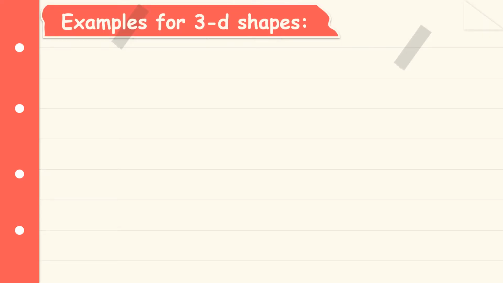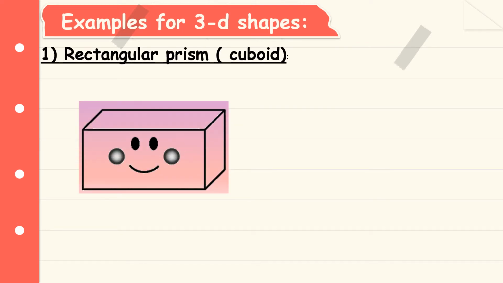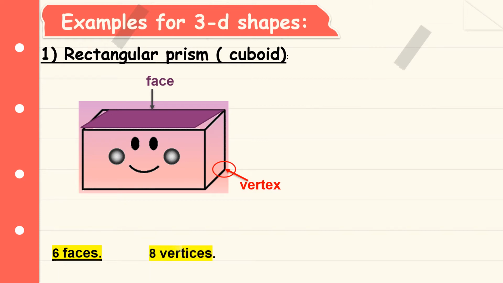Examples for 3D shapes. First one is called rectangular prism. We can call it also cuboid. How many faces in the rectangular prism? 6 faces. And how many vertices? They will be 8 vertices.